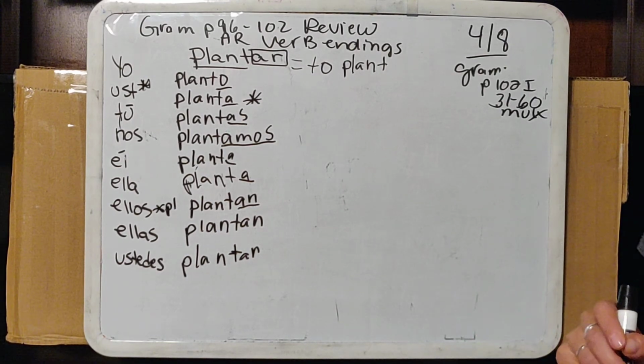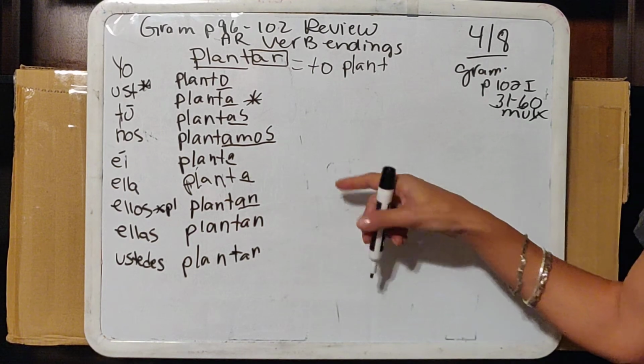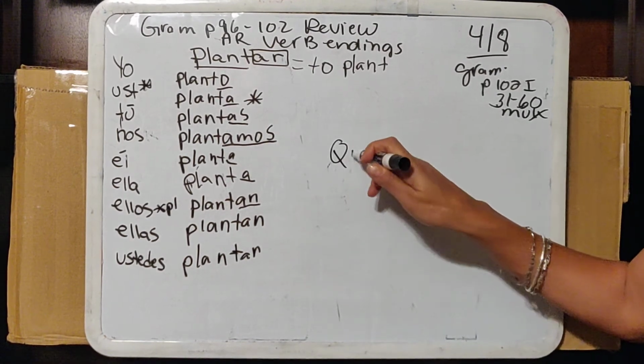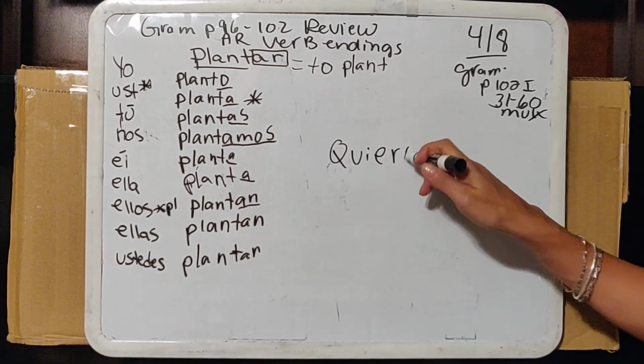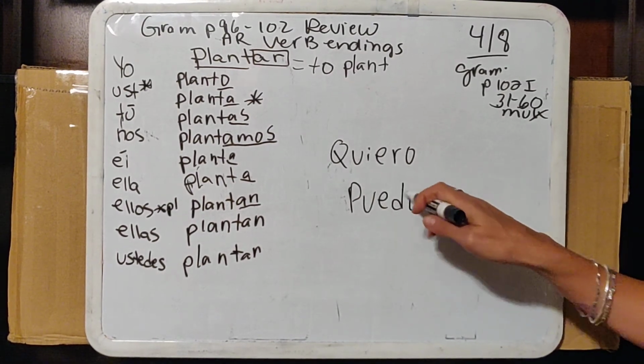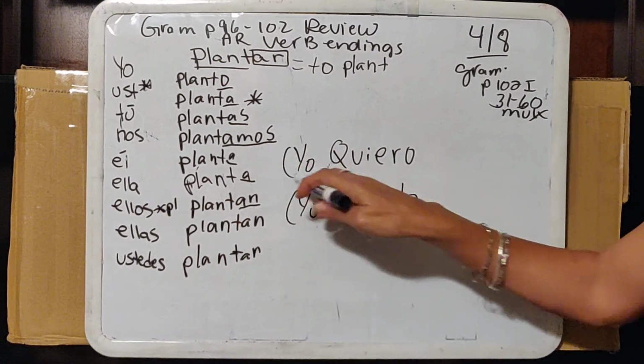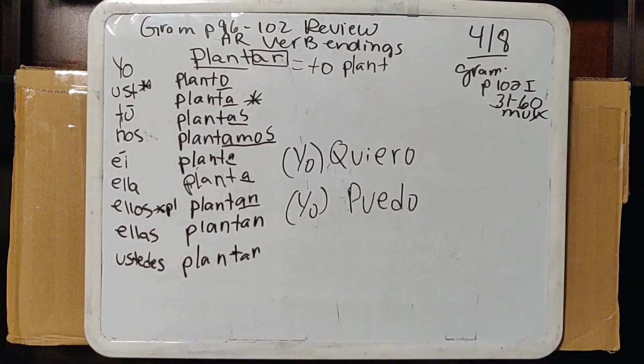The only other thing I wanted to mention is in your vocab list, when you're writing your words, you have the words quiero and the words necesito and the words puedo, but you don't have the yo in front. It's missing. It is not in your vocab book. That is because it is understood.